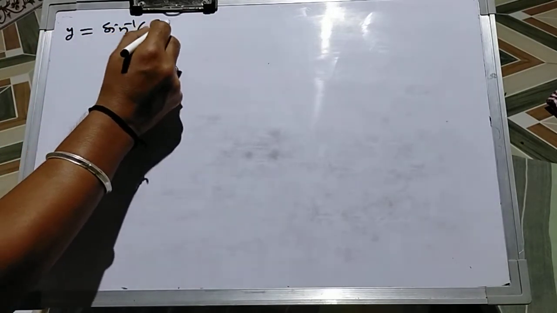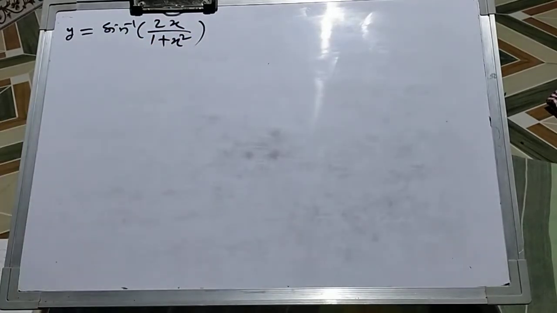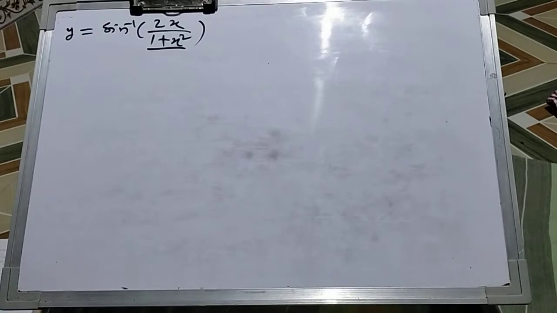Now the next one, y is equal to sin inverse of 2x divided by 1 plus x square. Now for substitution, we know whenever the term contains 1 plus x square, we put x is equal to tan of theta.